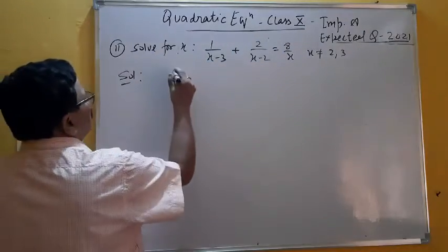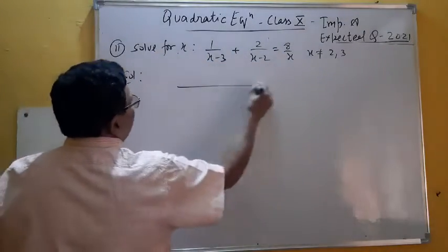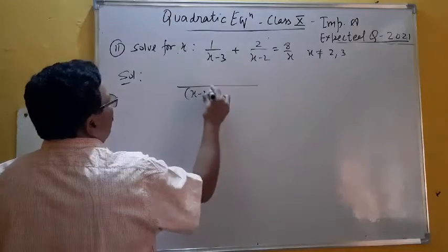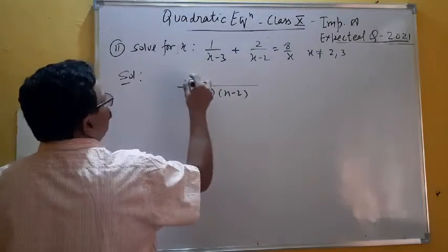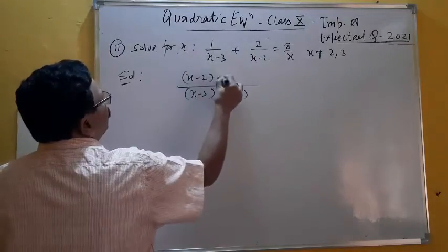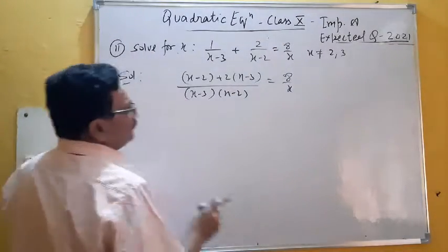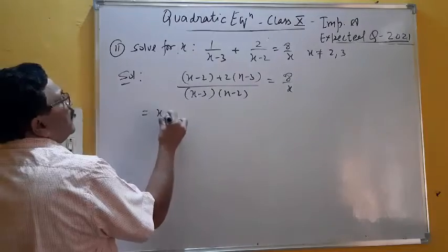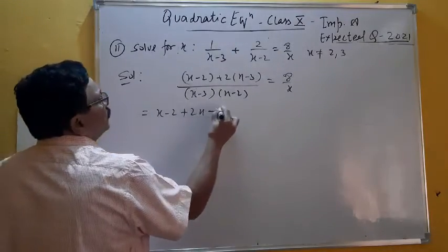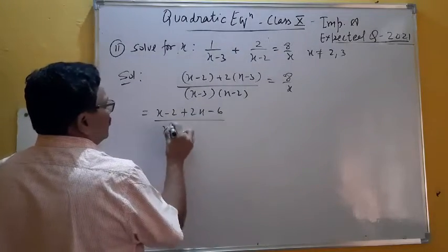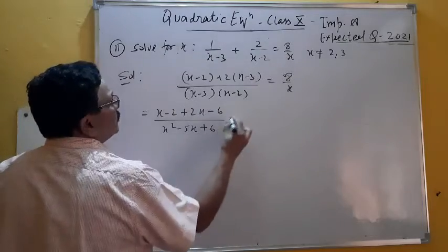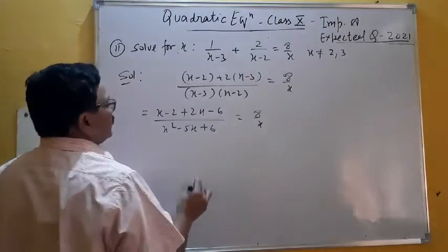Now solve. I am solving it directly here. Take the LCM, x minus 3, x minus 2. What do you get? x minus 2 plus 2x minus 3, 8 upon x. Solve: x minus 2 plus 2x minus 6, x square minus 5x plus 6, 8 upon x.